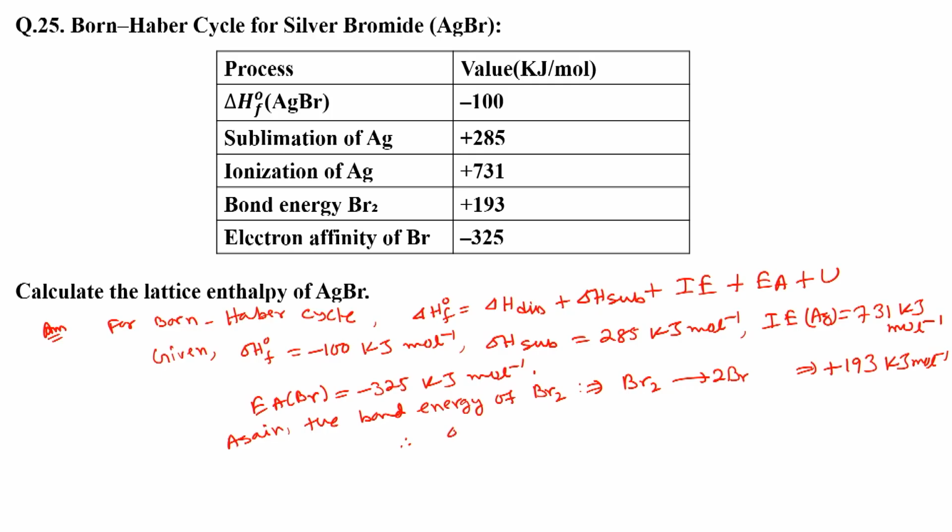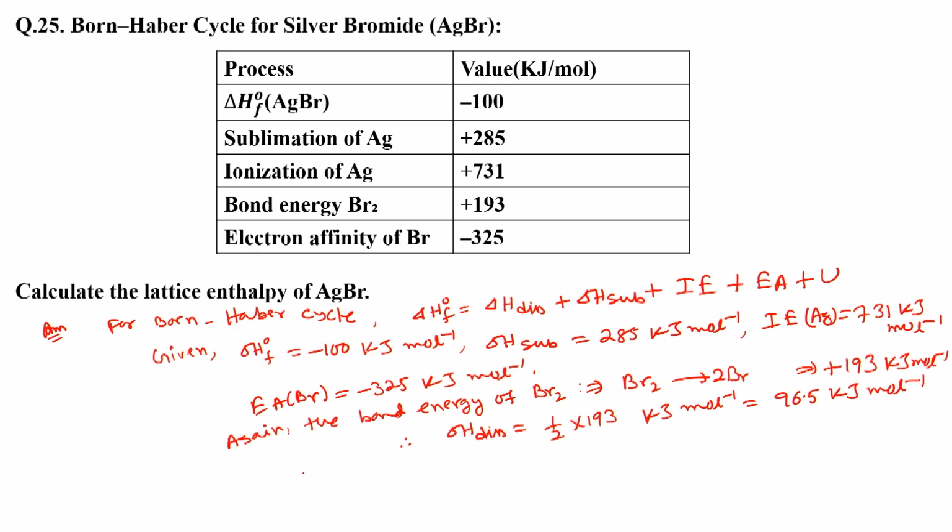Therefore, delta H dissociation will be half of 193. So, half times 193 kilojoule per mole. So we get 96.5 kilojoule per mole.